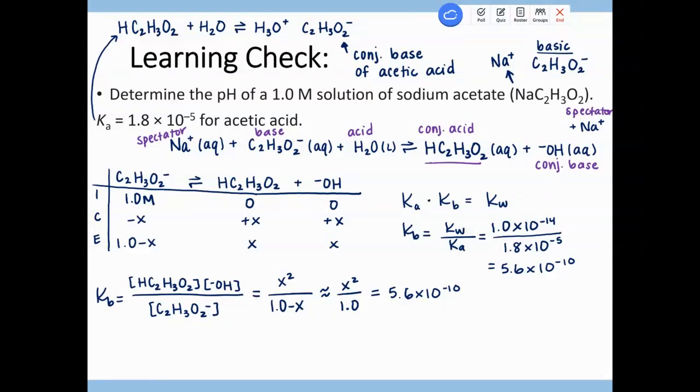And now we can solve for x. Multiplying both sides by 1, we have x squared equals the same value. So we take the square root of both sides.